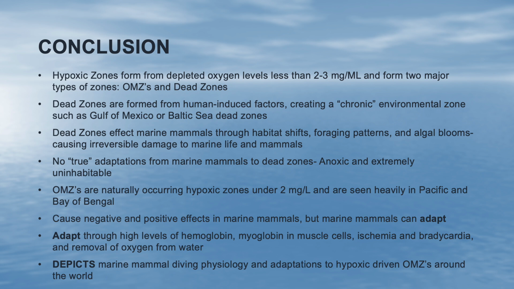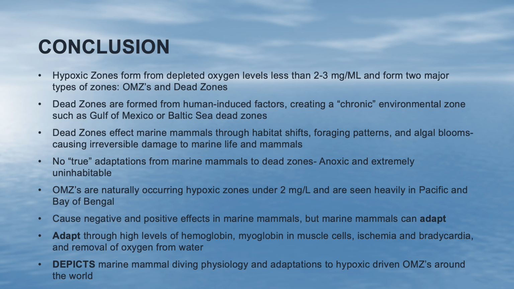Dead zones are formed from human-induced factors, creating a chronic environmental zone, such as the Gulf of Mexico or Baltic Sea dead zones. These dead zones affect marine mammals through habitat shifts, foraging patterns, and algal blooms, which cause irreversible damage to marine life. So there are no true adaptations from marine mammals to dead zones because they can be very anoxic and extremely uninhabitable for all types of marine life.